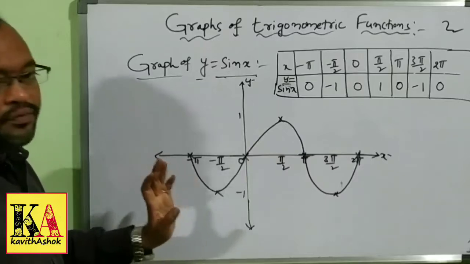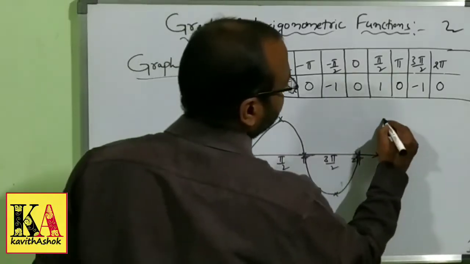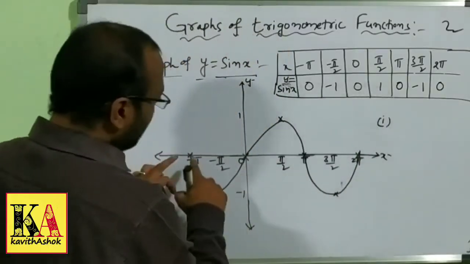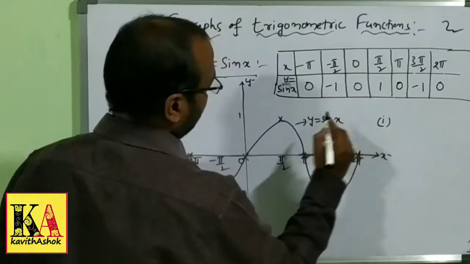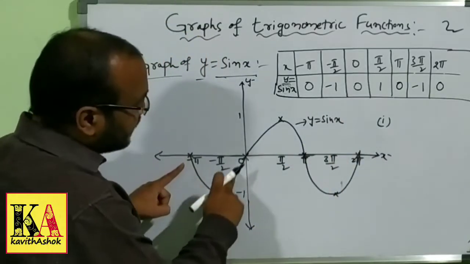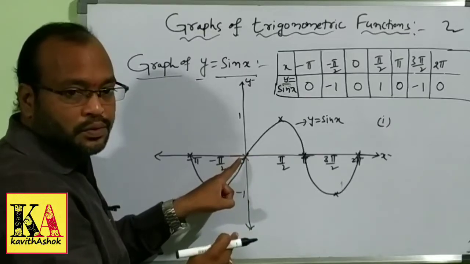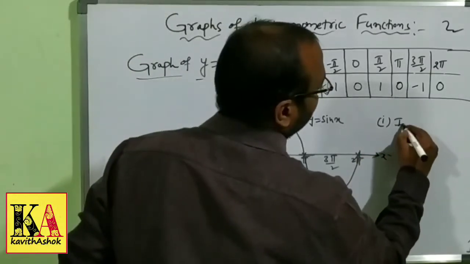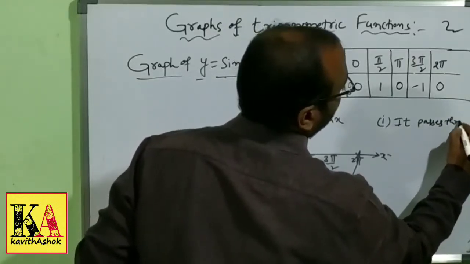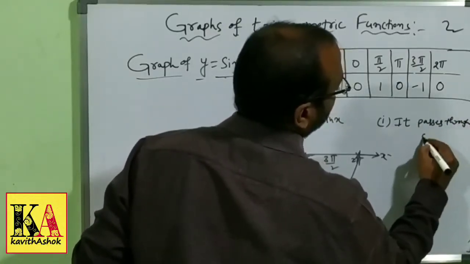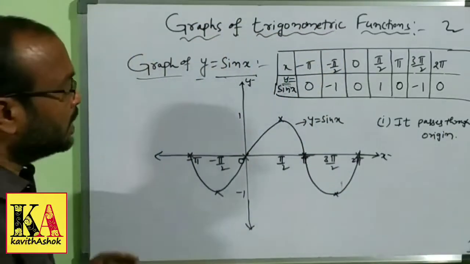From this graph, we will explain the characteristics. The first one: the y is equal to sin x graph passes through the origin. That is our first point.